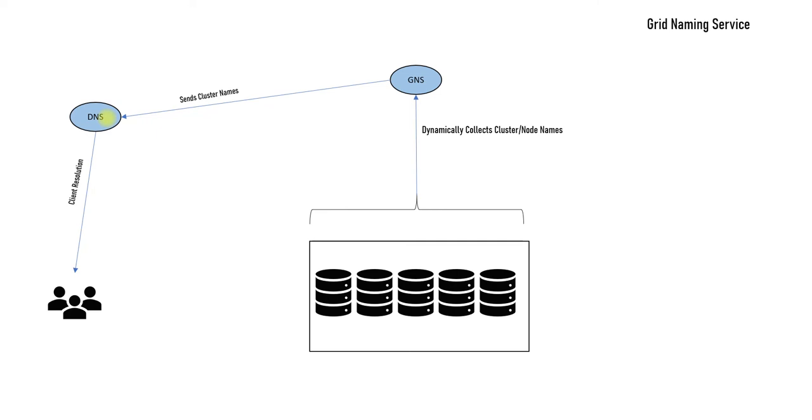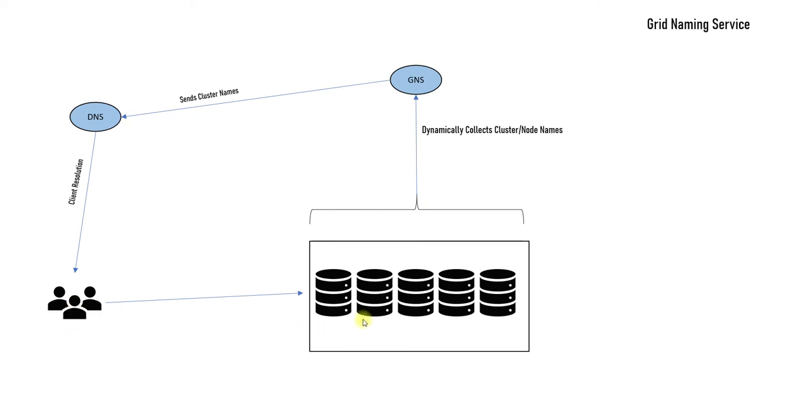Then came the GNS, and everything changed. So there are now 2 features. DNS, you can still use without GNS, but GNS is more dynamic. When nodes are getting added, you do not need to assign the IP addresses; that is taken care of by the DHCP server, and I will tell you about that.